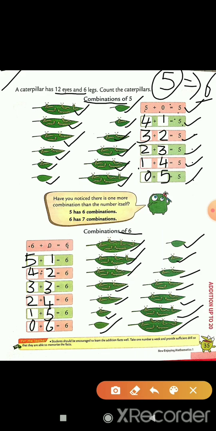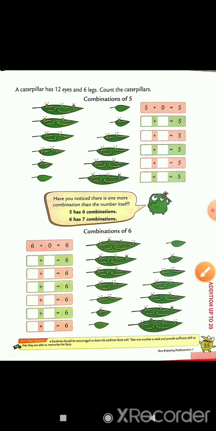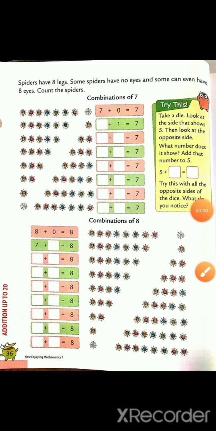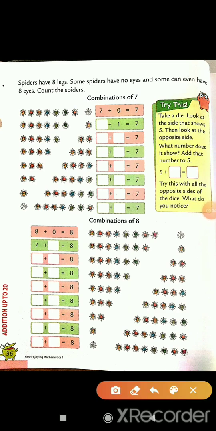Just count the number: 1, 2, 3, 4, 5, 6, 7. So 6 has 7 combinations. Got it, students? Next, spiders have 8 legs.